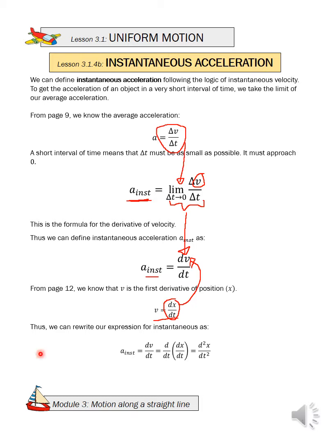First, take note that your instantaneous acceleration is dv over dt, which is this one right here. But since we know that v is dx over dt, we can substitute it. So for dv dt, we substitute dx dt for v, and we get d dt of dx dt, or the derivative with respect to time of dx dt.